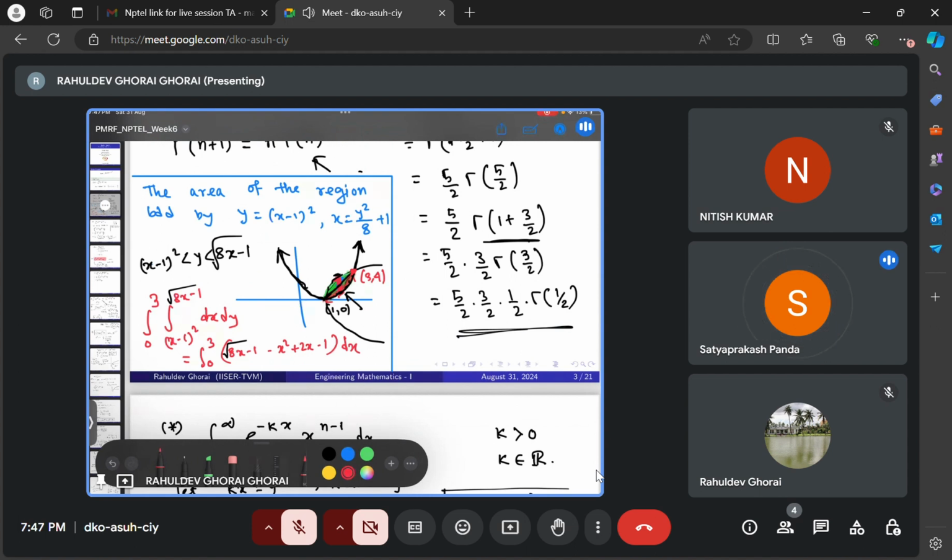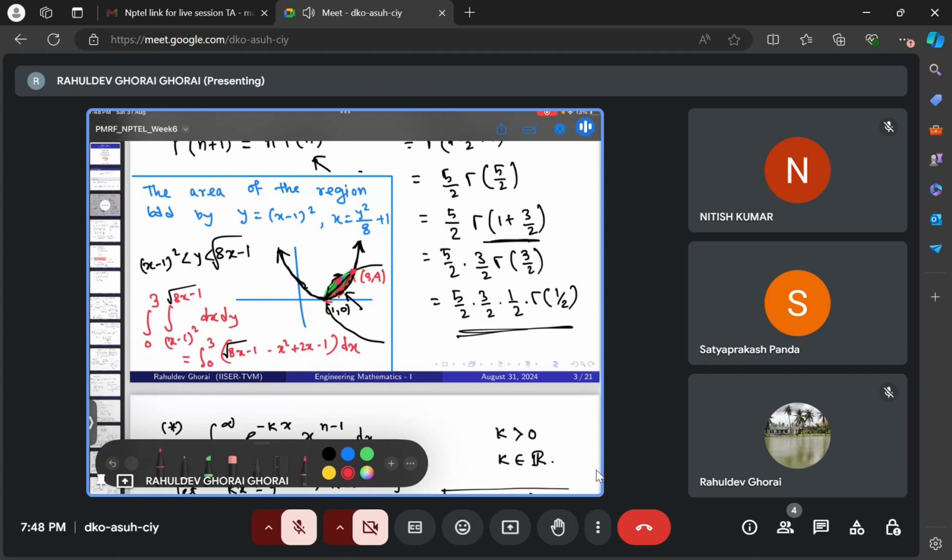If you want to do y first, then it will be 0 to 4, but it's x. Your points are 1, 0 to 3, 4. 3, 4 means x equal to 3 only. x cannot be 4, right? x can vary from 0 to 3, not 4.